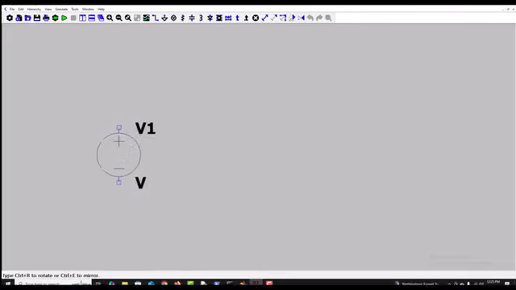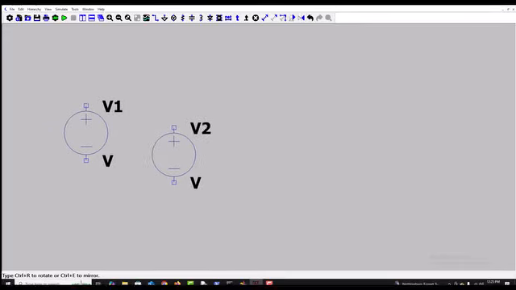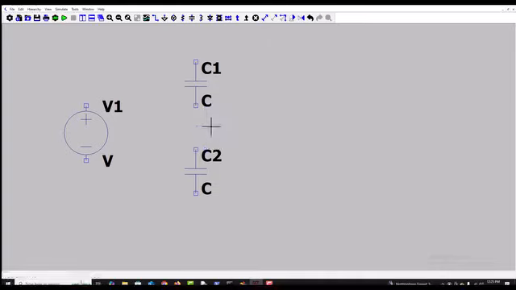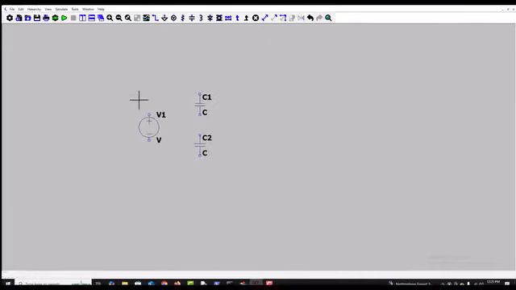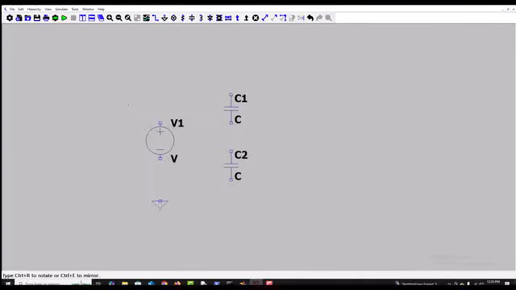Okay, so let's see. We're going to do a voltage source over here, and then we're going to have a capacitor. Let's have two capacitors actually. And then we're going to have a ground over here.